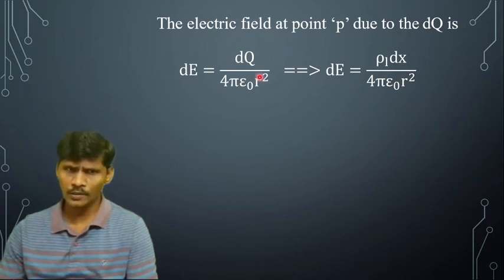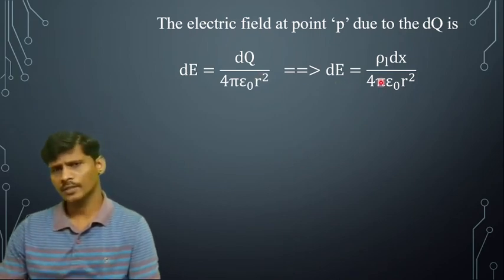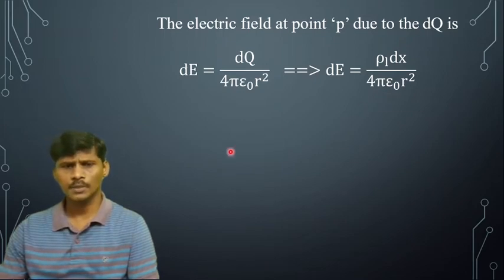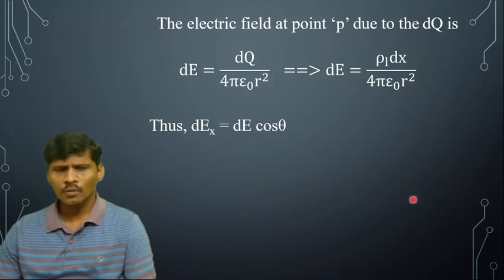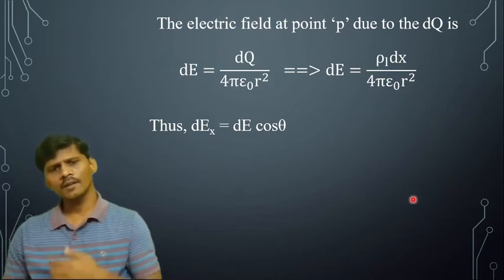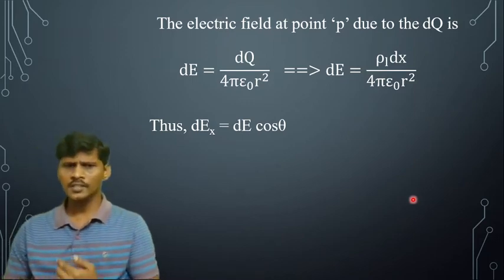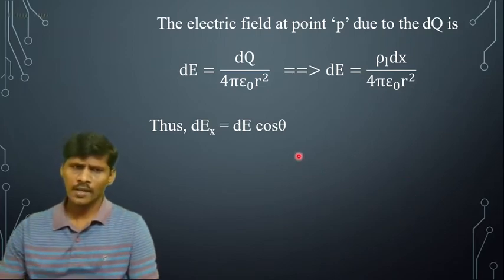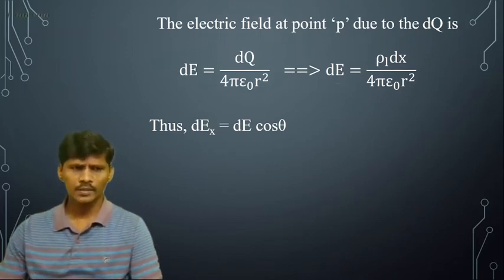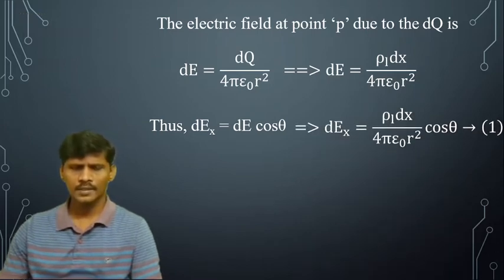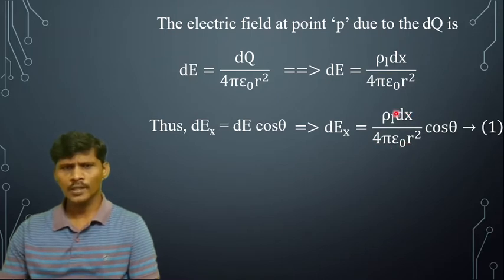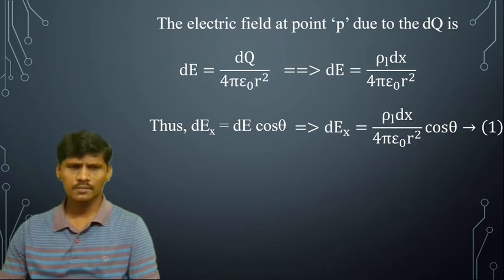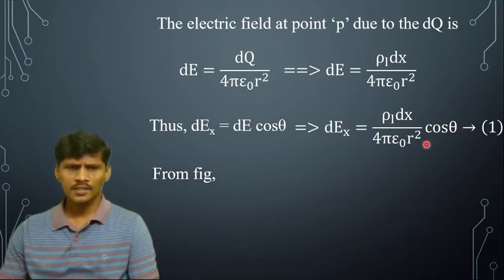Substituting, we get dE equal to rho L dx by 4 pi epsilon naught r square. The component along the x-axis is dEx equal to dE cos theta. Substituting the dE value, dEx is equal to rho L dx by 4 pi epsilon naught r square into cos theta. That is considered as equation 1.